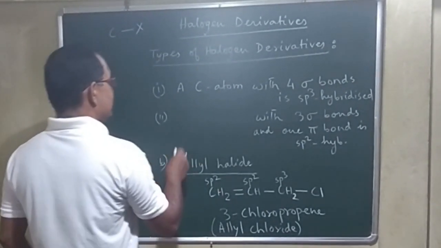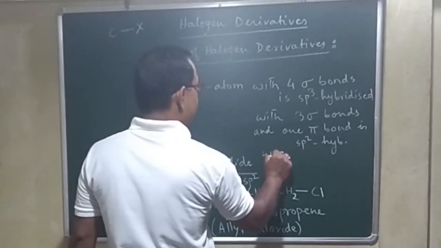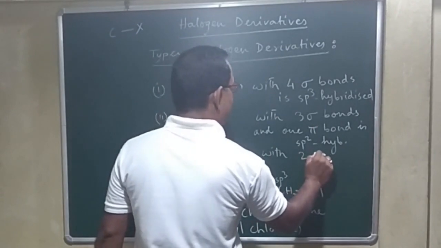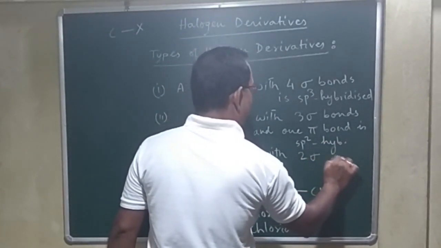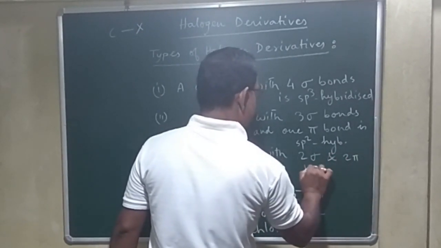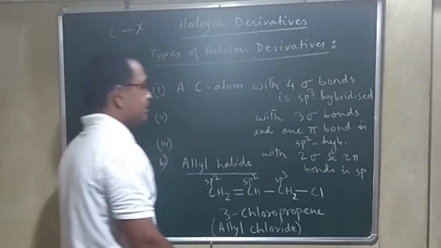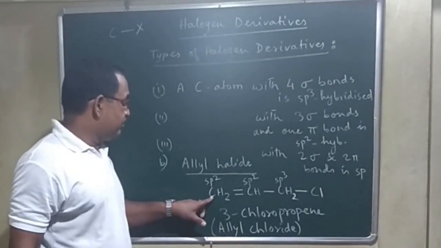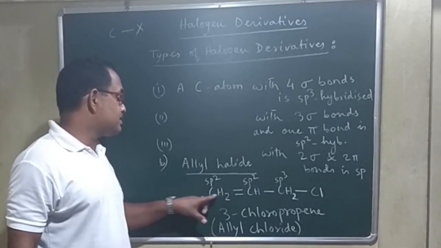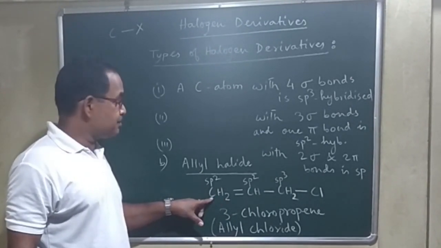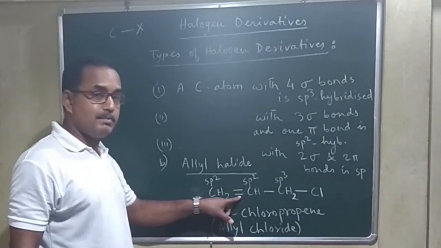And finally, number 3, a carbon with 2 sigma and 2 pi bonds is sp. So in this case, you look at this carbon. This carbon has 2 hydrogens attached with it, means 2 sigma bonds, and this carbon is also connected with this carbon by means of a sigma bond.